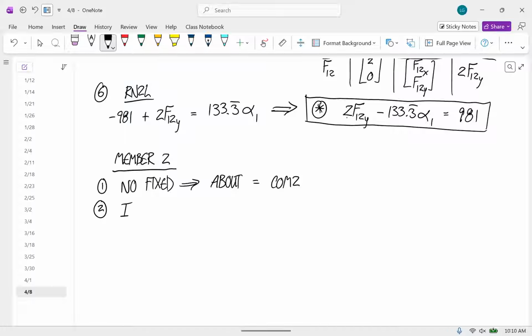And the moment of inertia about the center of mass of 2 is 1/12, this is another slender rod, times the mass, times the length squared. And so that is 4.16 repeating kilogram meter squared.